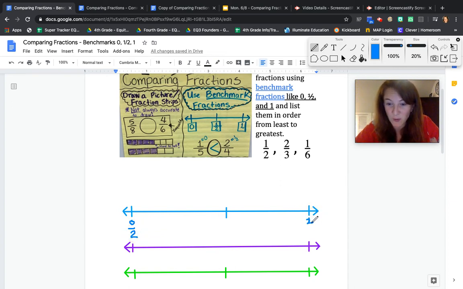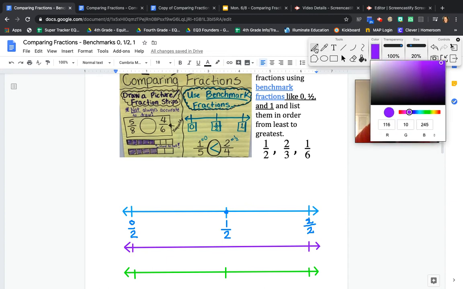So that will be 2/2, 2 out of 2. And then exactly in the middle will be 1/2. I can label that with a little dot. 1/2. Okay. Now I want to show 2/3 on a number line.